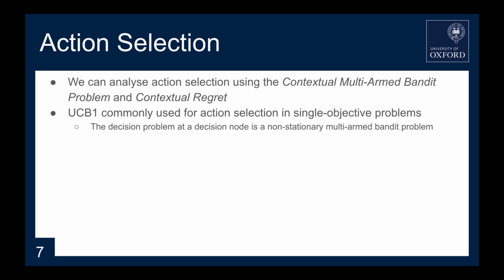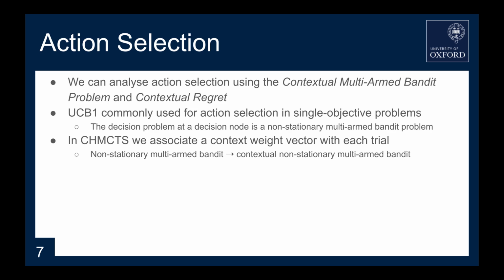As the problem of action selection at decision nodes can be considered a non-stationary multi-armed bandit problem, by associating contexts with each trial, that problem now becomes a contextual non-stationary multi-armed bandit problem.